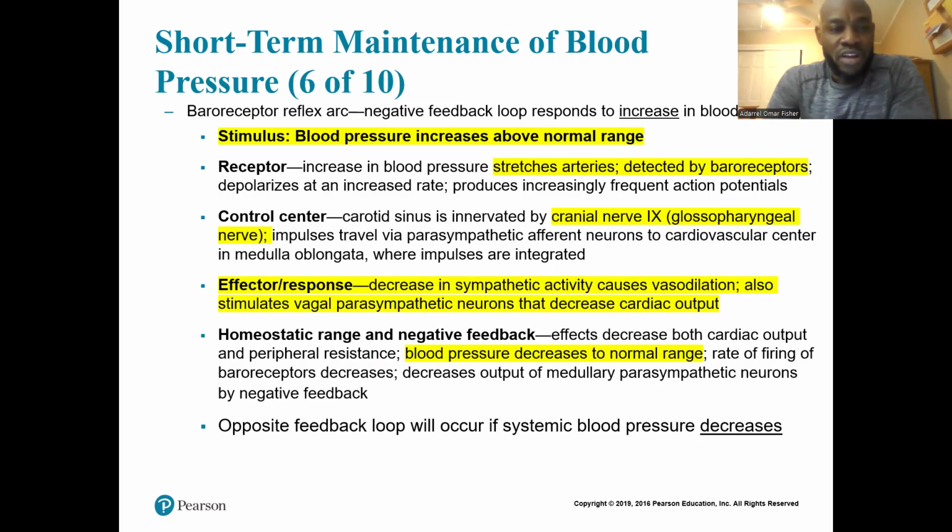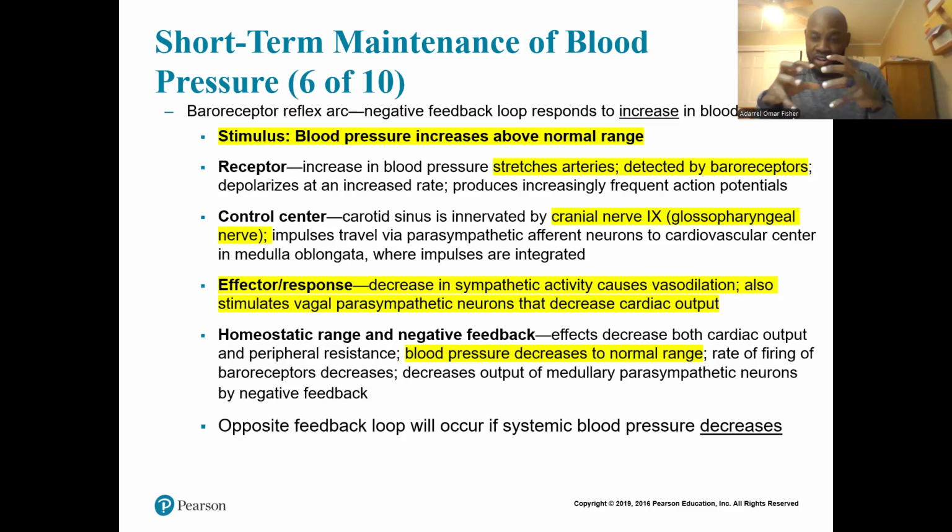We have that baroreceptor reflex arc we talked about earlier. So blood pressure increases above your normal range, and we have this negative feedback loop. Your blood pressure increases above the normal range. Receptors sense that. The arteries are stretched because blood pressure has increased, and these baroreceptors detect that.